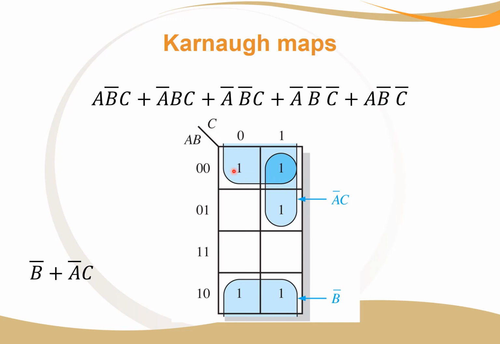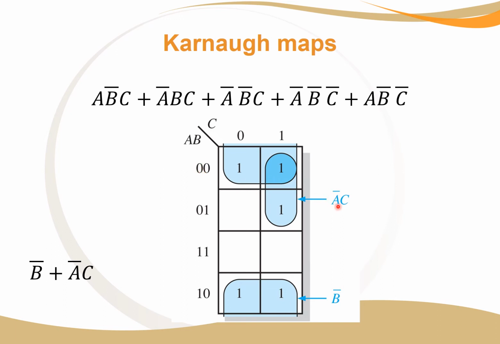So what we're saying is, if a variable changes in that group, moving from, let's say, this row to the other row, it falls away. And if it stays the same, in this case, we have a look at A is 0, and still inside the group, it's still 0. So it stays, but it's going to be complemented, because a 0 is a complement.